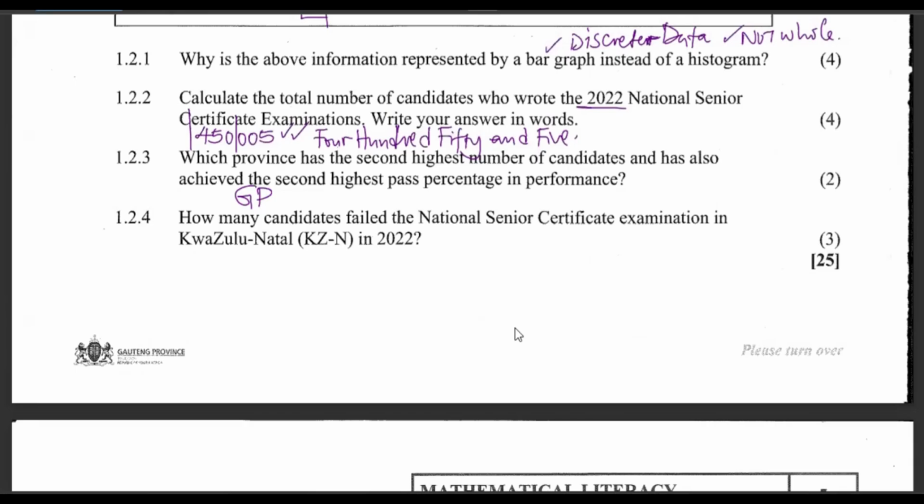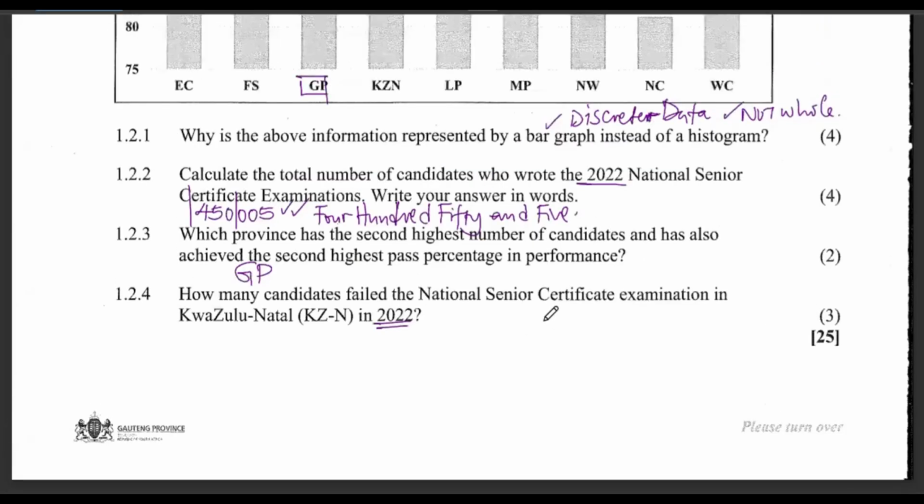How many candidates failed the National Senior Certificate examination in KwaZulu-Natal in 2022? First and foremost, we see those who failed, which will be determined by the pass percentage, because there's no one who is in between.